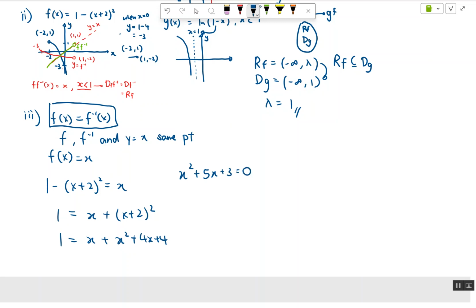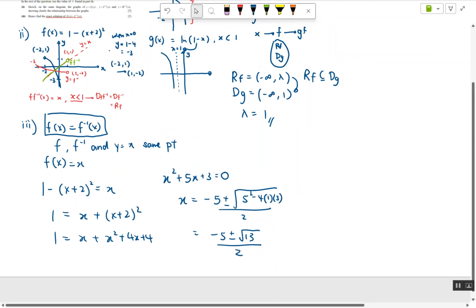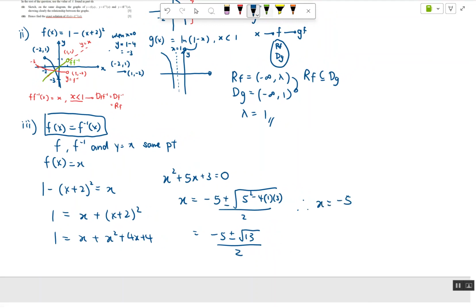And since the question wants it to be exact, you have to use your quadratic formula, x = (-b ± sqrt(b^2 - 4ac)) / 2a, and then you will get (-5 ± sqrt(25 - 12)) / 2, so sqrt(13) over 2. Now, can you see the point of intersection is in the negative part? I only want the negative part, so therefore x = (-5 - sqrt(13)) / 2.